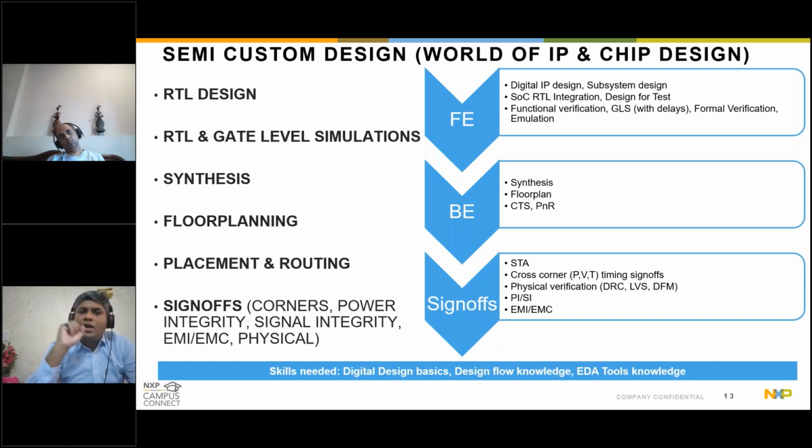This is soft IP, where we are talking of RTL design, where we start talking of behavioral models, and the way the functionality gets codified. So there are highly competence-oriented teams which have to design digital IPs which can be used in the overall SOC.